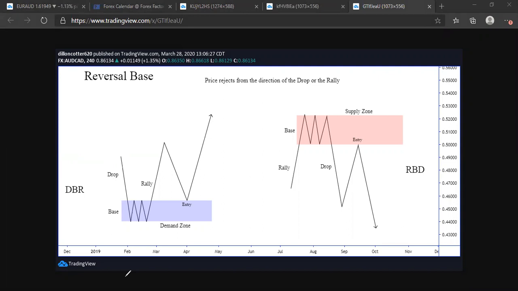Because let's say in a higher time frame downtrend, maybe we're going to spot when the reversal happened a lot sooner from a smaller time frame, if that makes sense. But anyways, in reversal bases, we have this drop base rally here.